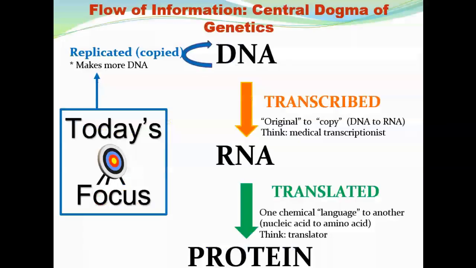The big idea about DNA and how it holds information that's responsible for cell division and maintaining cells, etc. It all ties into this idea called the central dogma of genetics, or the flow of information. So there are several steps. Today's focus is going to be on replication.